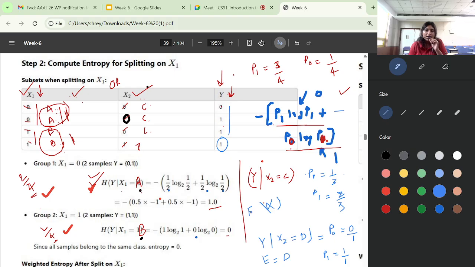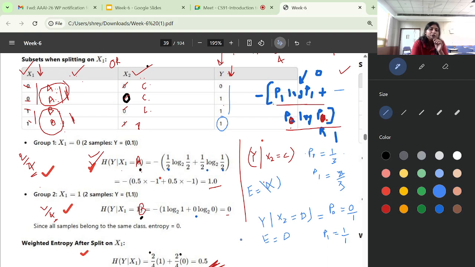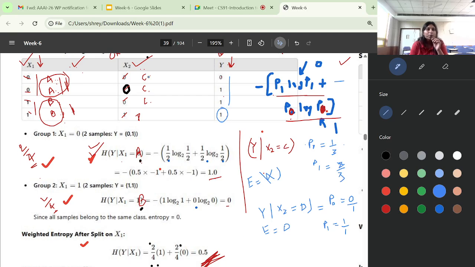Here entropy is alpha. So take the weightage: the probability of class C into alpha, the probability of class D into 0. The probability of class C is 3 by 4, probability of class D is 1 by 4. So what I am going to do, 3 by 4 into alpha plus 1 by 4 into 0. So this will be my entropy at this stage for x2.